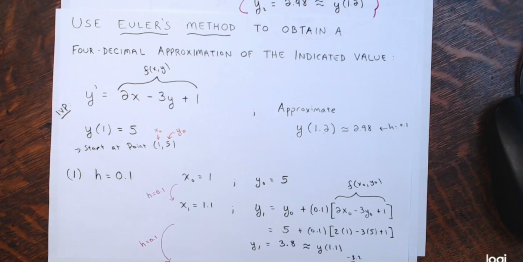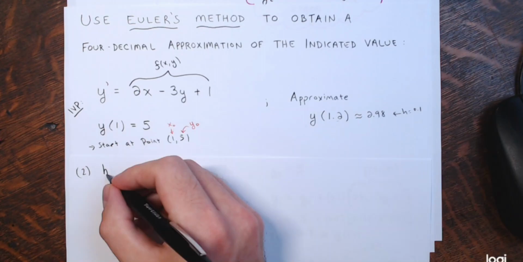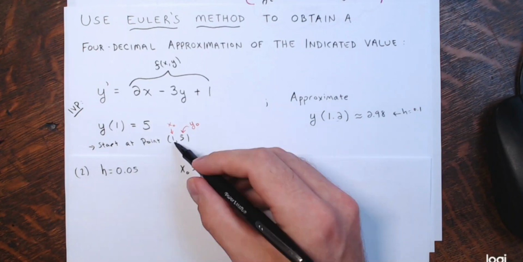All right. So now what I want to do is, with h equal to 0.05, so instead of 1/10, we'll go 5/100ths or 1/20th. Right? So part 2, with h equal to 0.05. Right. So again, x sub 0 is 1, y sub 0 is 5.